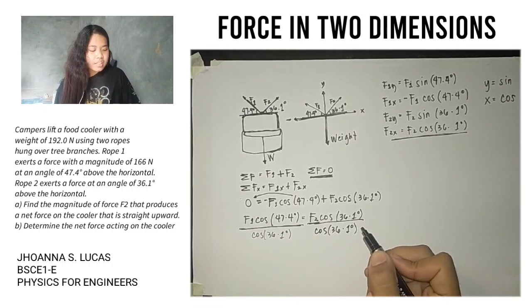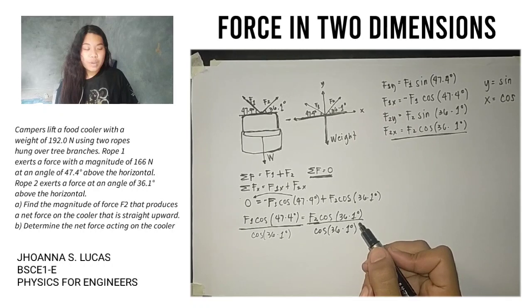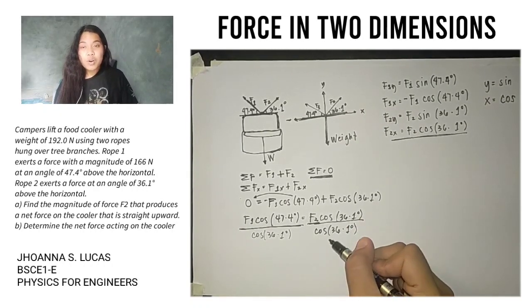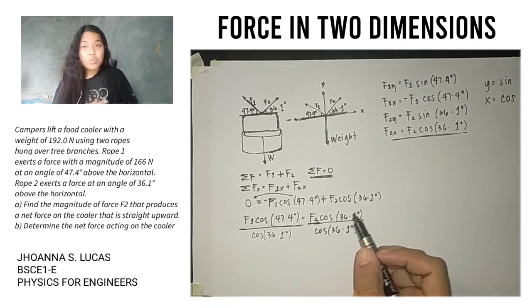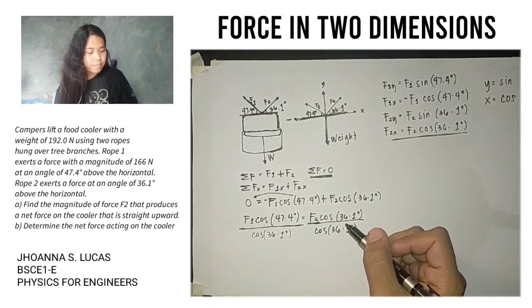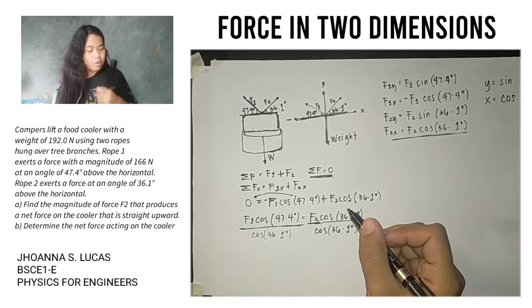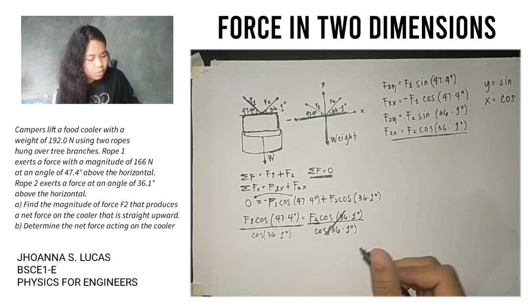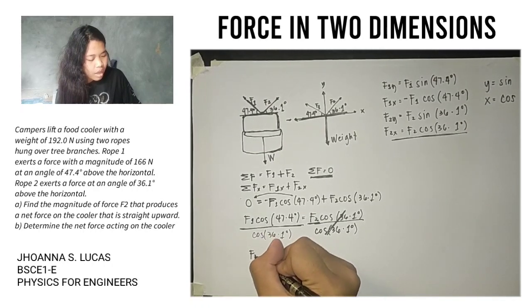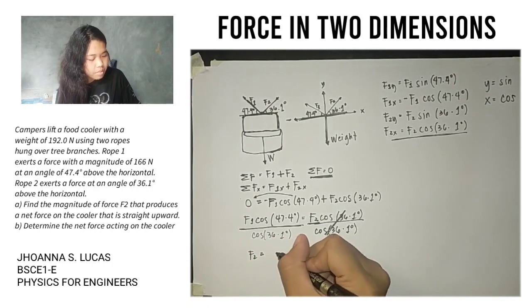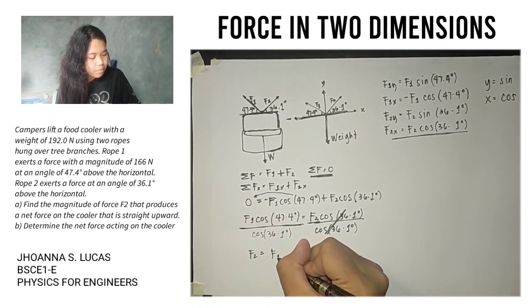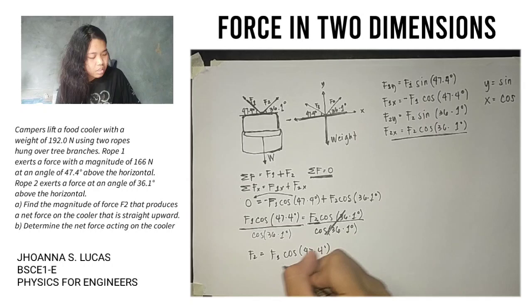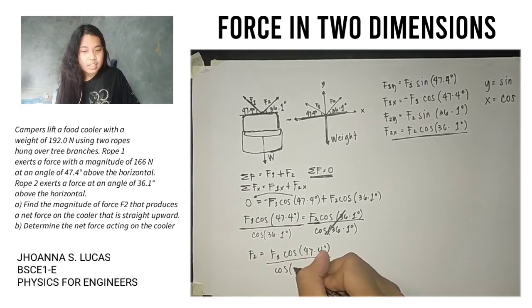Now we can cancel the cosine of 36.1 degrees on F sub 2, and our equation now will be F sub 2 is equal to F sub 1 times cosine of 47.4 degrees over cosine of 36.1 degrees.